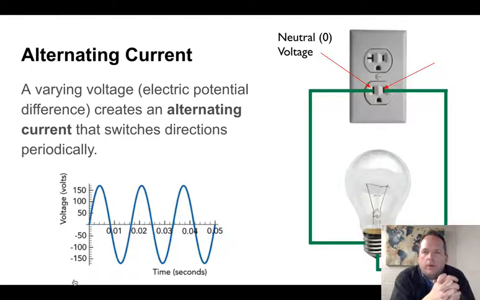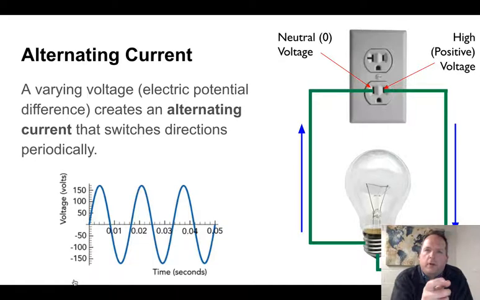So if you look at the electrical outlet that we have there on the slide, if this is wired correctly, and at least if your house is like my house, that's no guarantee that it's wired correctly, the left, the taller side of an electrical outlet is always kept at a zero voltage state, and it is neutral. And in some sense, it's acting like a ground, though there's an additional ground prong in the circuit, and we'll talk a little bit about that towards the end of this discussion.